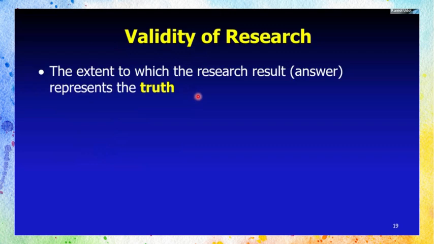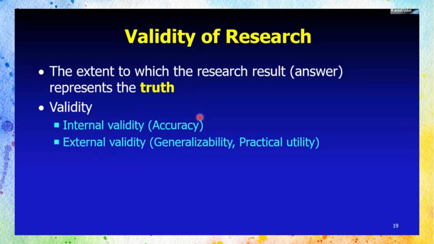There are two other terms regarding validity that you need to know, because you might have seen or heard them in textbooks or in the literature. There are two types of validity: internal validity or accuracy, and external validity or generalizability or practical utility.